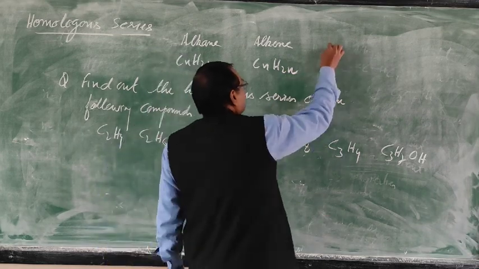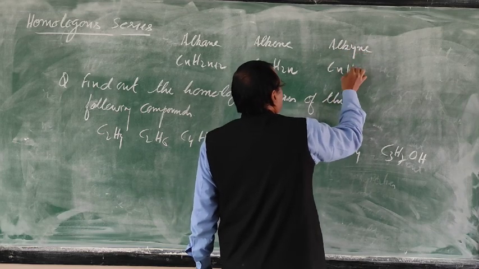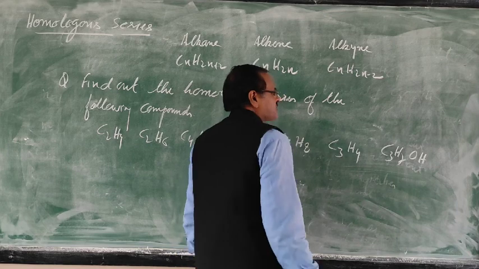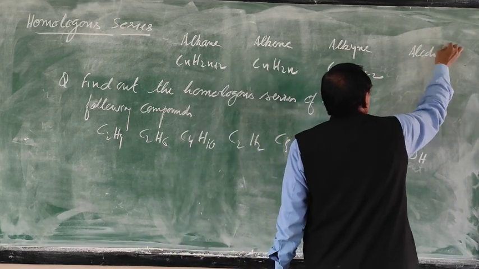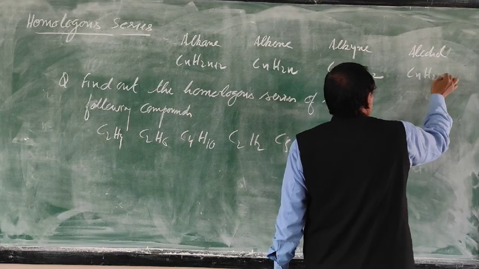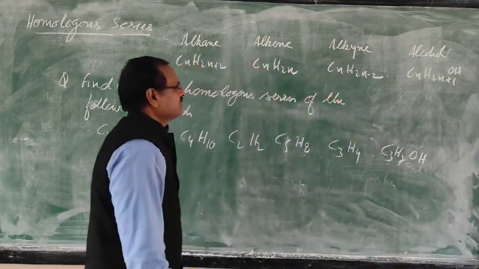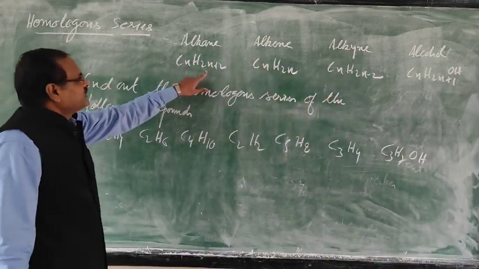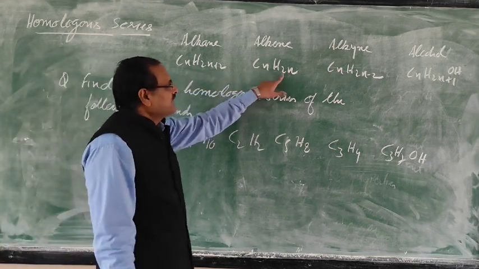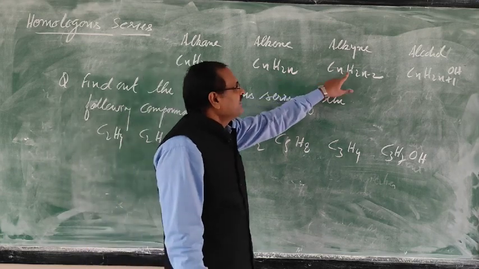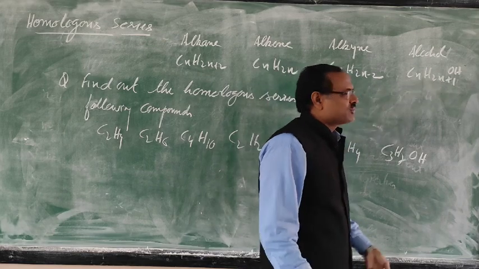Alkyne is CnH2n minus 2, and alcohol is CnH2n plus 1 OH. So in alkane, the hydrogen atoms are double and 2 extra. In alkene, the hydrogen atoms are double only. In alkyne, the hydrogen atoms are 2 less than double, and alcohol you can recognize by the OH.